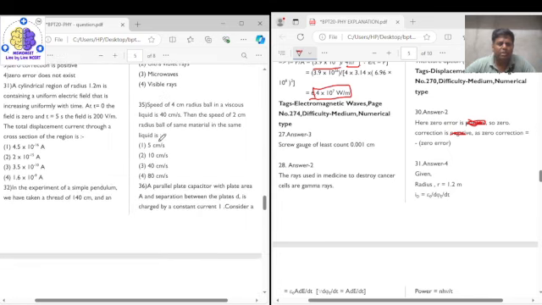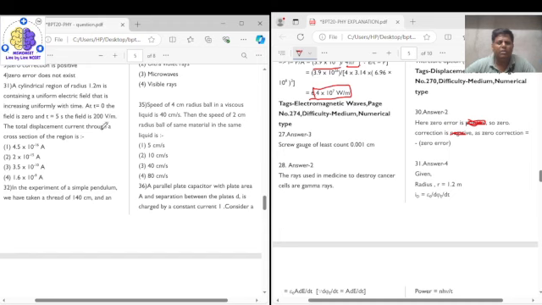Now coming to question number 31, a cylindrical region of radius 1.2 meter is containing a uniform electric field that is increasing uniformly with time. At t equals 0, the field is 0, and at t equals 5 seconds, the field is 200 volt per meter.